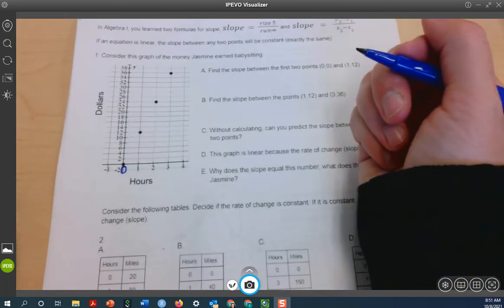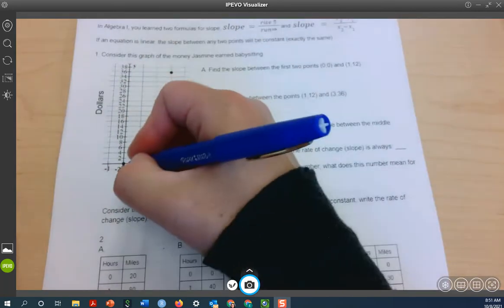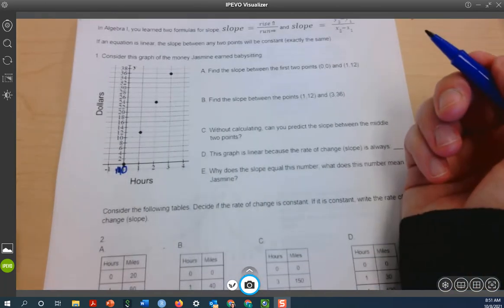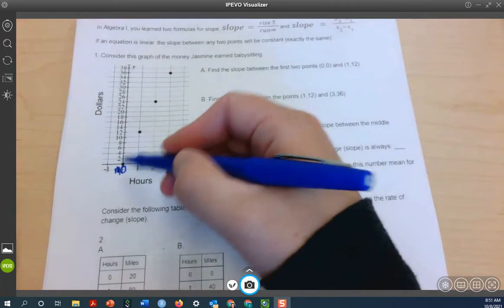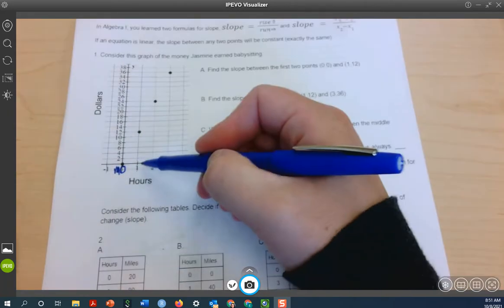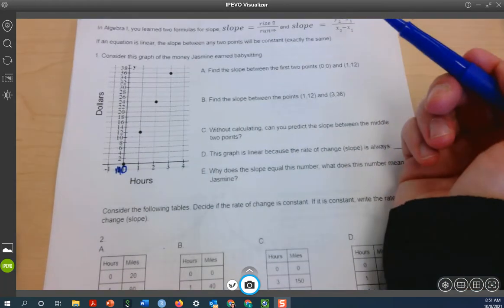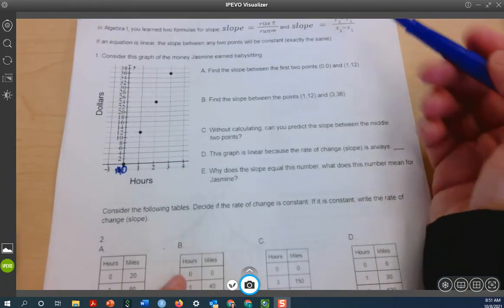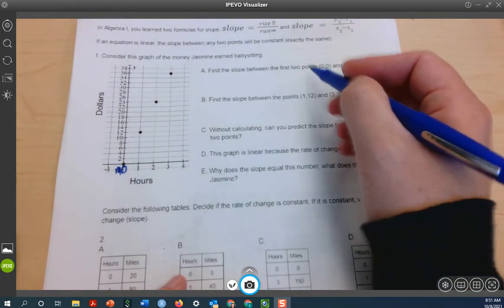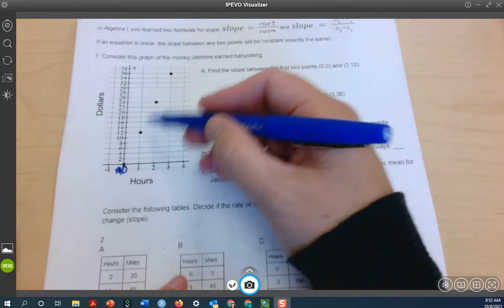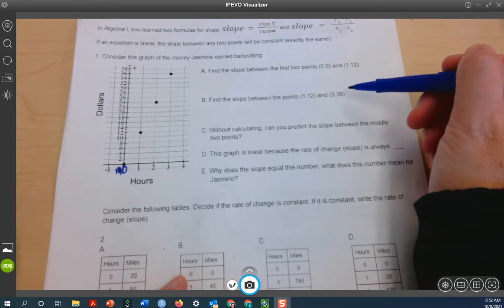Oh, the -2 is on the y-axis. I'm just going to get rid of that -2. Okay, so if she worked 0 hours, she got $0. If she worked 1 hour, she got $12. If she worked 2 hours, she got 24. So it says to find the slope between the point 0, 0 and 1, 12, and then between 1, 12 and 3, 36.